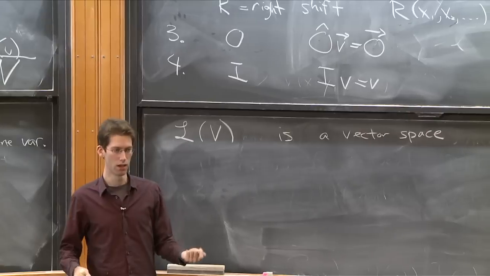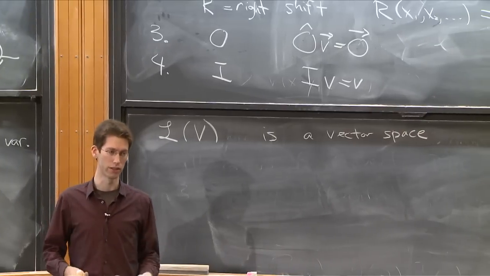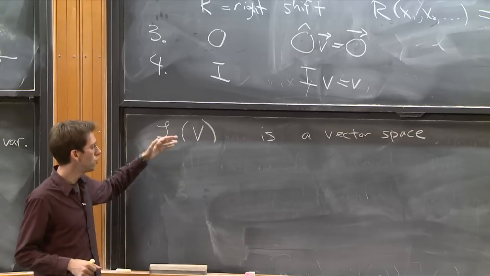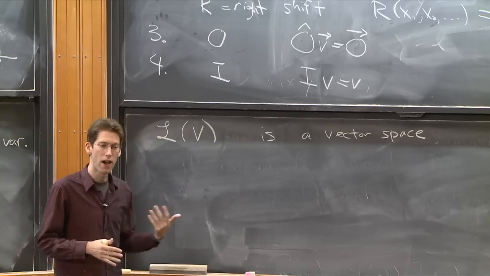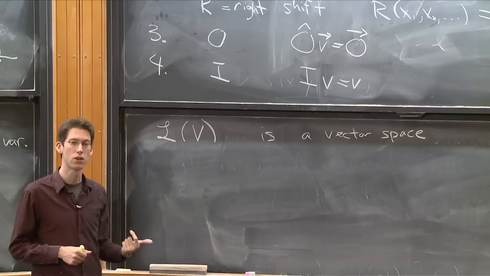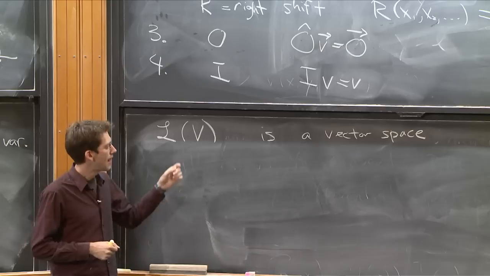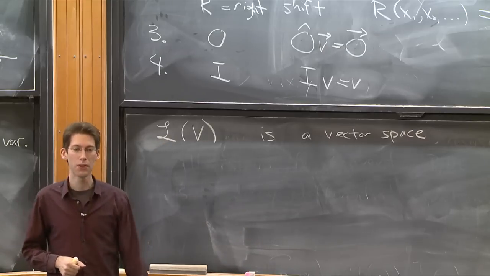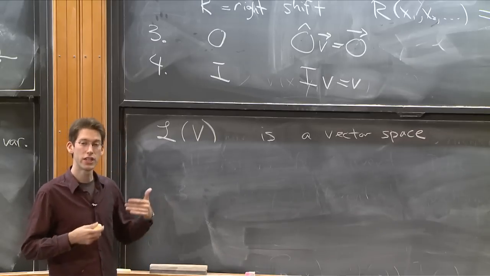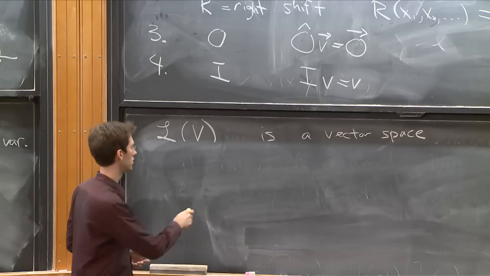If I multiply a linear operator by a scalar, I get another linear operator, etc. And so we can do everything we can do on a vector space, like finding a basis and so on, for the space of linear operators. However, in addition to having the vector space structure, it has an additional structure, which is multiplication.